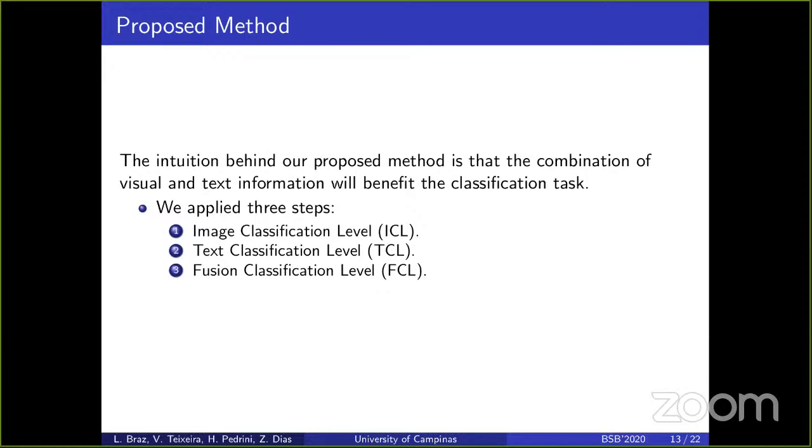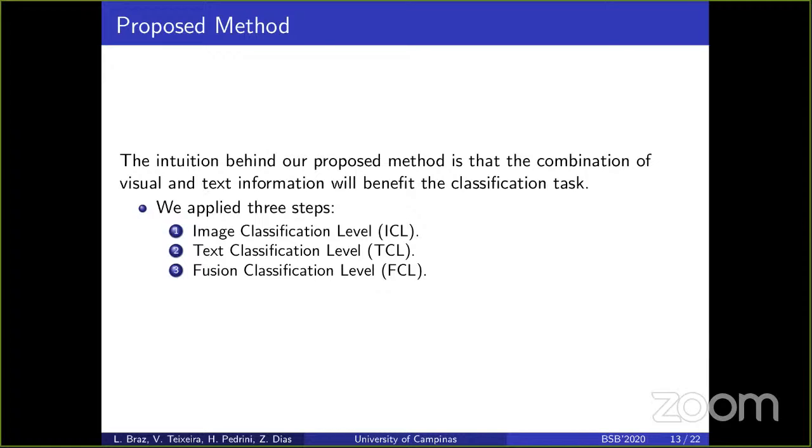On the image classification level, we trained a DCNN model called DenseNet 169, and we added to this model an attention mechanism called class activation mapping, CAM, which is employed to indicate discriminative regions detected by the DCNN model, which help to identify the correct class. At the end, we also use this model as a feature extractor.